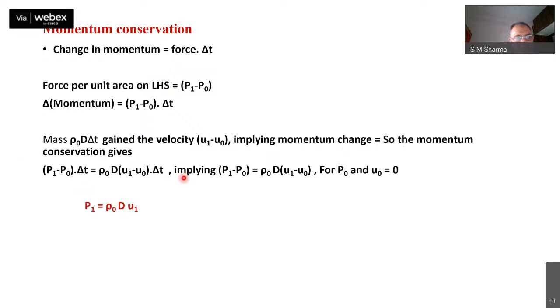We can make them equal due to momentum conservation, and that implies that P1 minus P0 is equal to rho naught D into (u1 minus u0). In case the initial unshocked material had zero pressure and zero initial velocity, this relation can be cast in a very simple form: P1 is equal to rho naught D u.